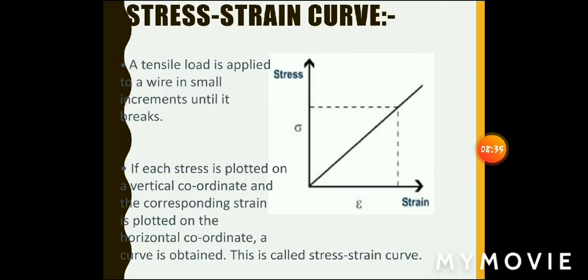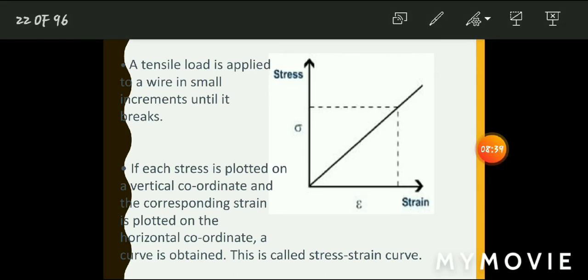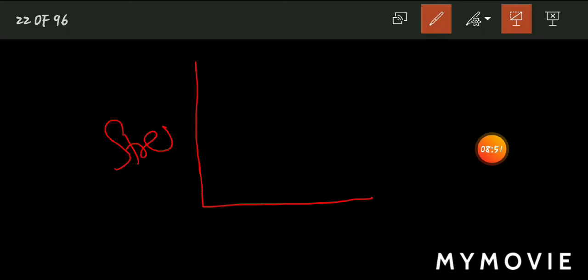Now coming to the stress strain curve. I'll just draw a small curve here for you to understand. This is a stress strain curve when a tensile load is put on a material to bring about elongation or stretch of the material.